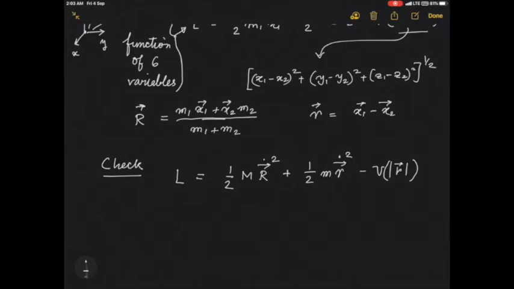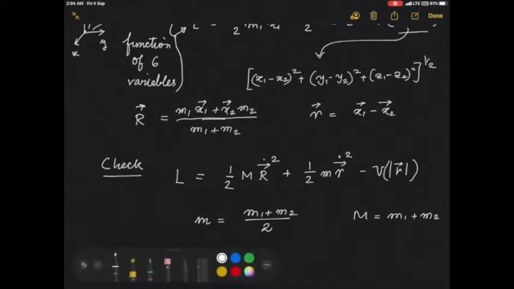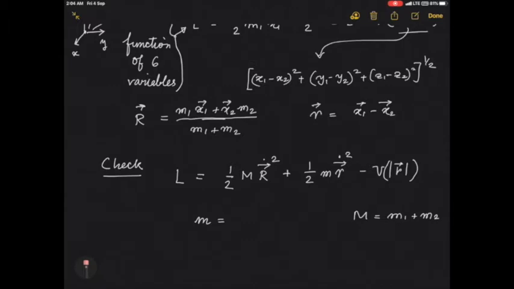Let me define for you that small m is the reduced mass and capital M is the total mass. I said reduced mass, I wrote something else.